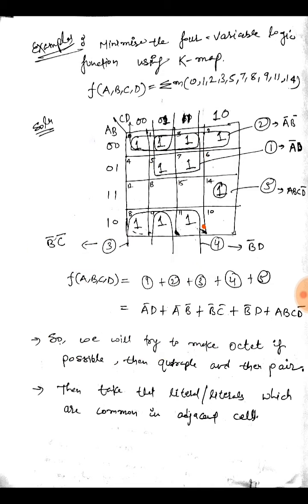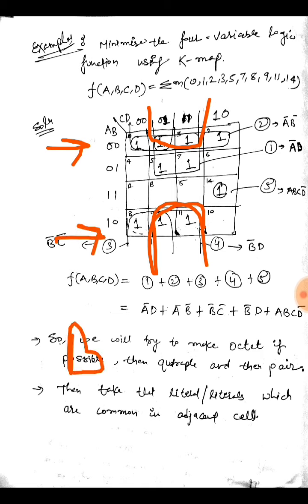Similarly, if I say for this one, that is this one and this one, the B is 0, so it would be B bar, and D is 1 and C is changing.